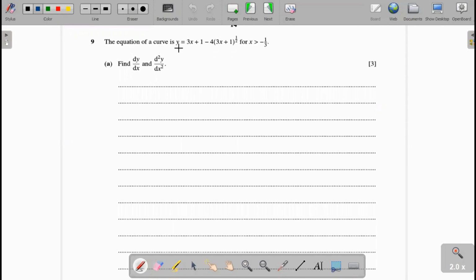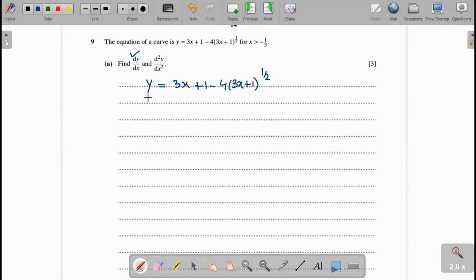The equation of the curve is y equals 3x plus 1 minus 4 times 3x plus 1 to the power 1 over 2, for x greater than minus 1 over 3. Find dy over dx and d squared y over dx squared. Here y is equal to 3x plus 1 minus 4 into 3x plus 1 to the power 1 over 2.